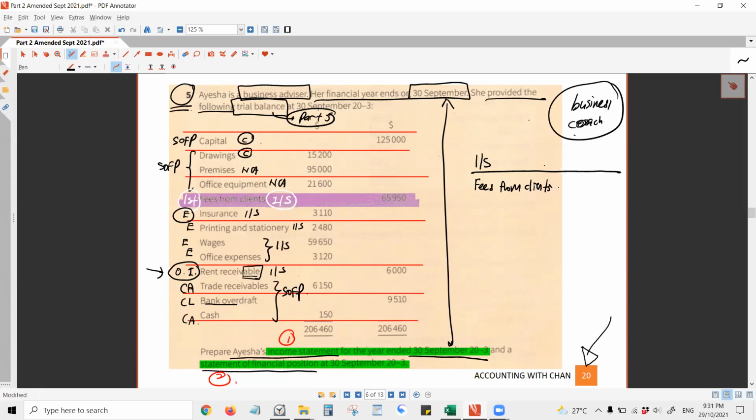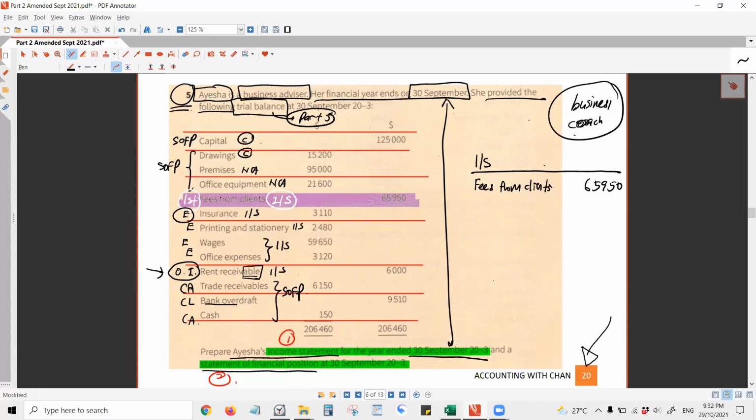Fees from clients means the money that Ayesha can collect from customers. So logically, instead of having sales, you should have something to replace it. Sales refer to money you get from selling goods to customers. Instead of that, you have fees from clients, also money you can receive from your customers. That's why fees from clients is the first item here.